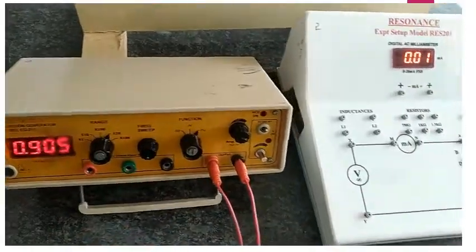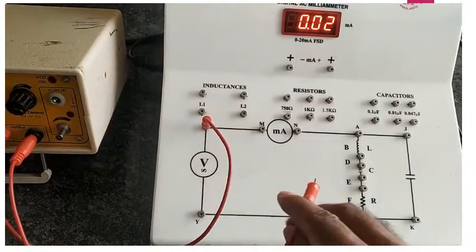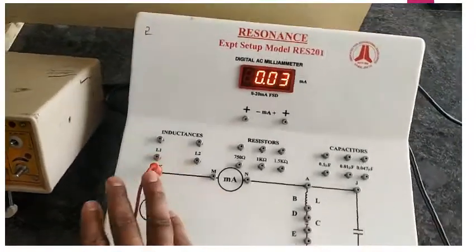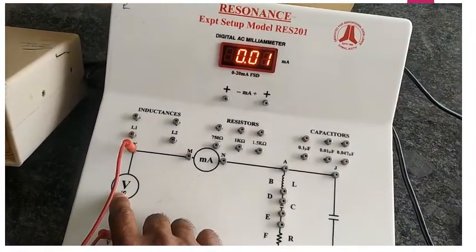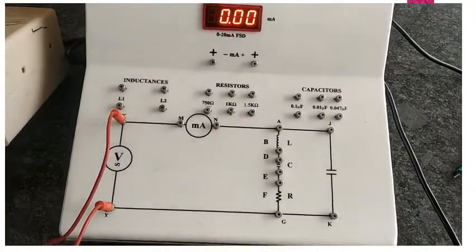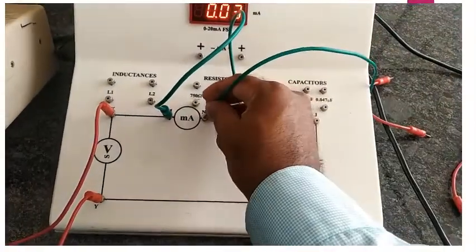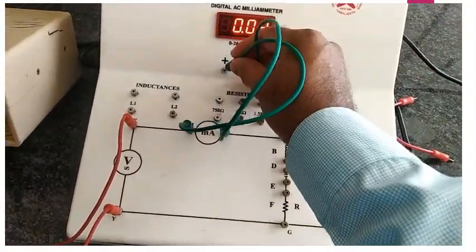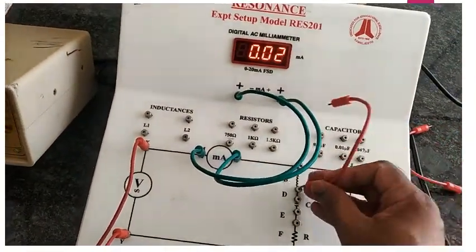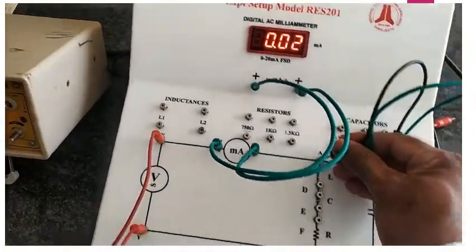Now connect the AC source to the main circuit. This is the alternating voltage or alternating current. Connect the milliammeter first. Next is the inductor.